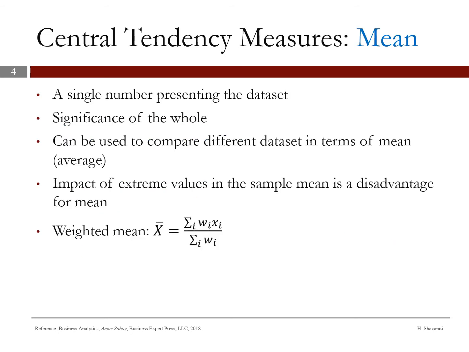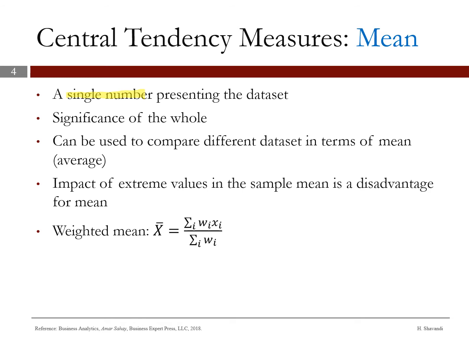The first measure in central tendency measures is the mean. Here we are going to represent the whole data set by a single number, which is the average or the mean of the data set. Let's assume that we have a trading strategy in a stock market, and we have applied that trading strategy on a stock for a period of time.